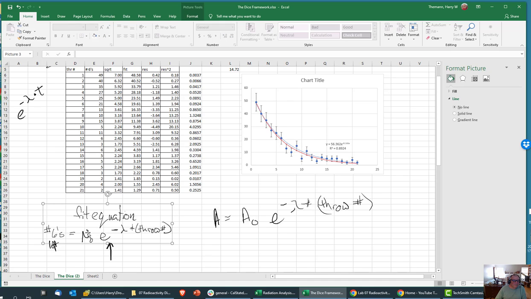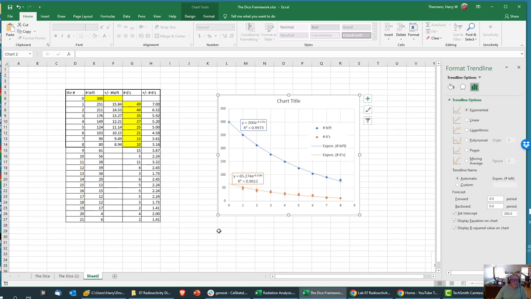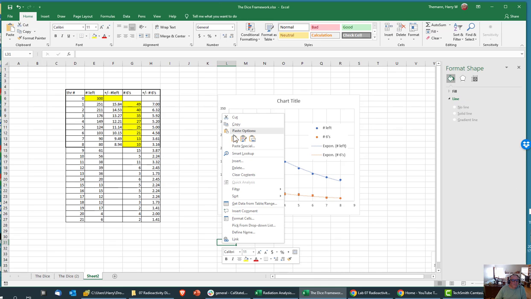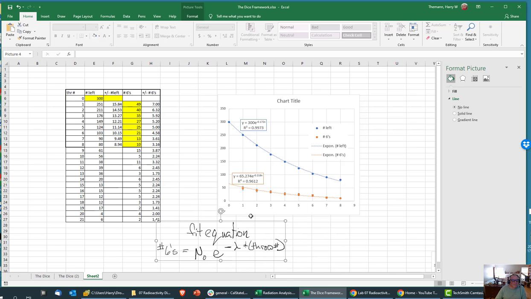So notice here now, here's our fit equation, and copy. Let's bring it forward, and let's paste it. This is what the trend line is giving us, and x happens to be the throw number, and lambda is the coefficient 0.172.